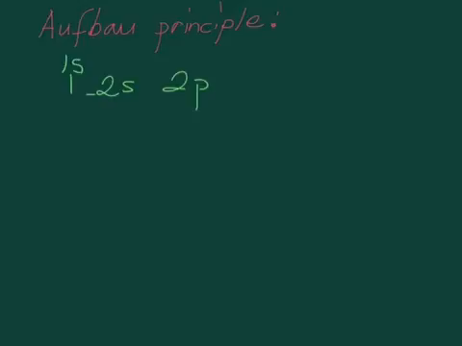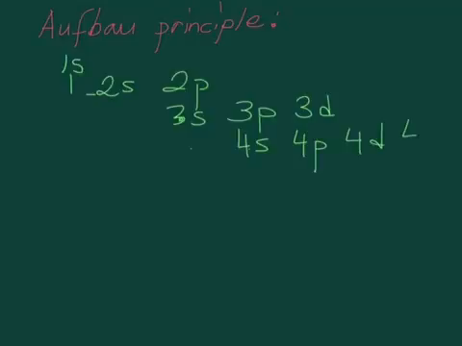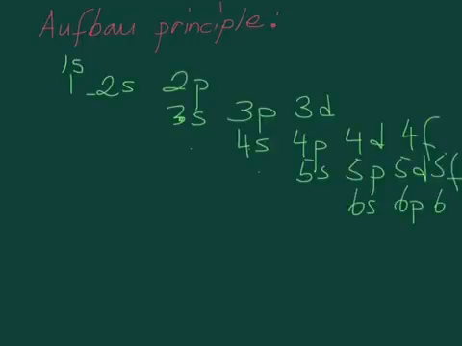Move one down, move one across, 3s, 3p, 3d. Move one down, move one across, 4s, 4p, 4d, and 4f. One down, one across, 5s, 5p, 5d, 5f. 6s, 6p, 6d, and we can even write 7s as we move across.